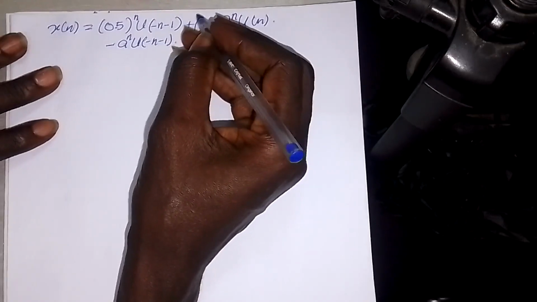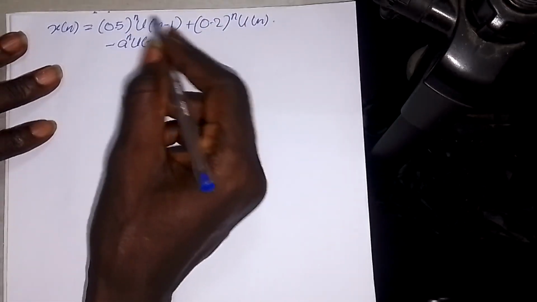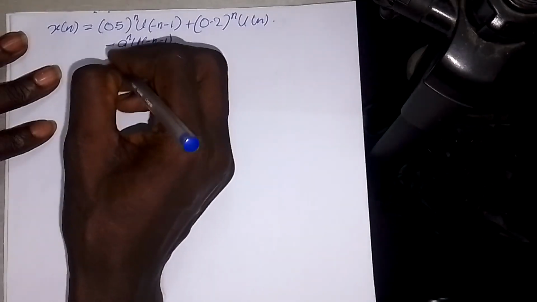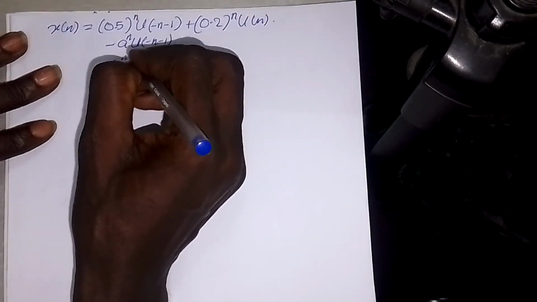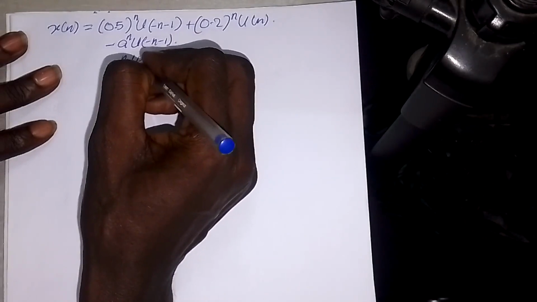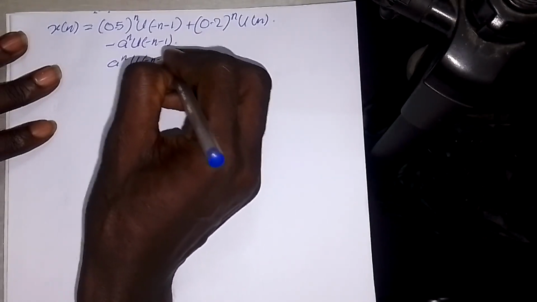But we can still look at this one quite separately. So here it is actually like this: a exponent n into u minus n minus 1.